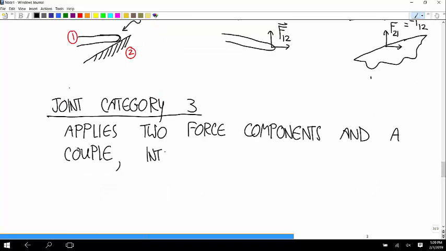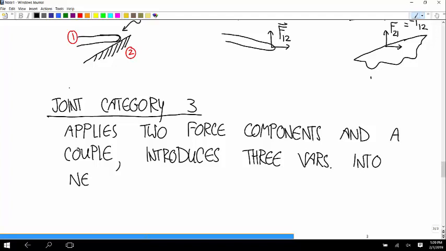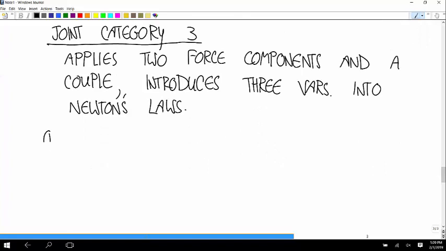And that means that it introduces 3 variables into Newton's laws. And the only thing that meets that requirement is what's called a fixed joint, or sometimes people call it a weld joint, I guess, if it's metal.